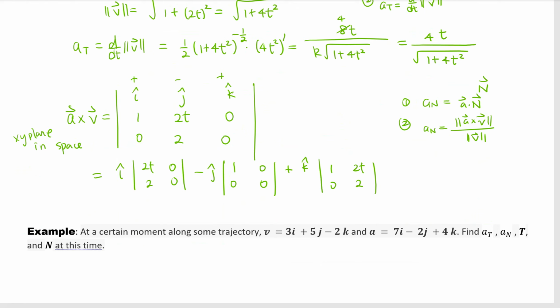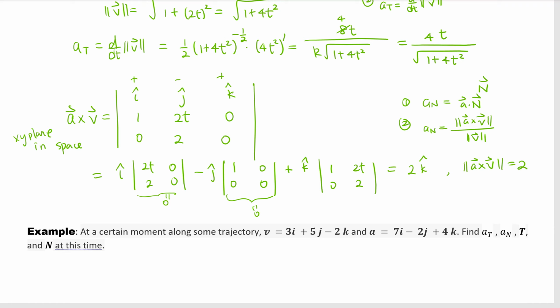So two of these are 0, and this one is 2k, so the magnitude of A cross V is 2.